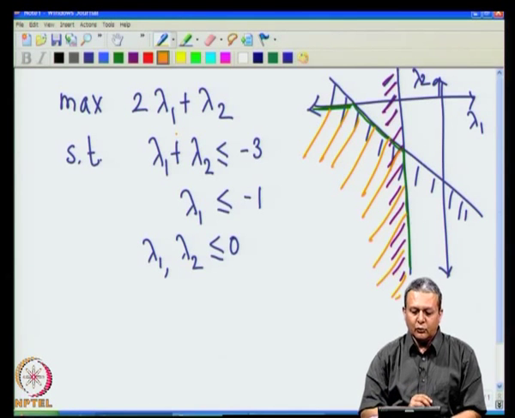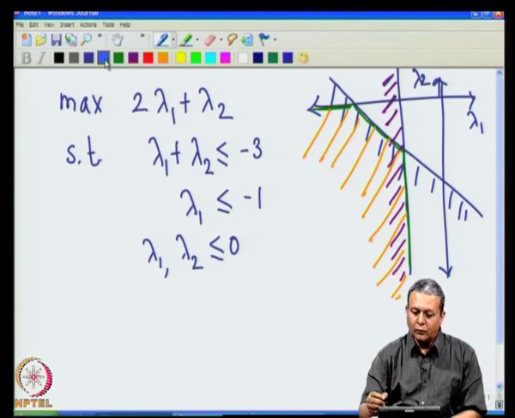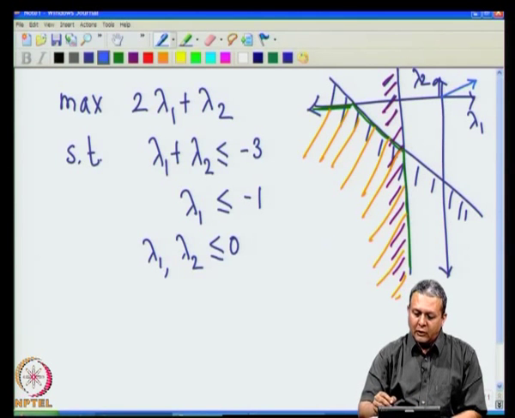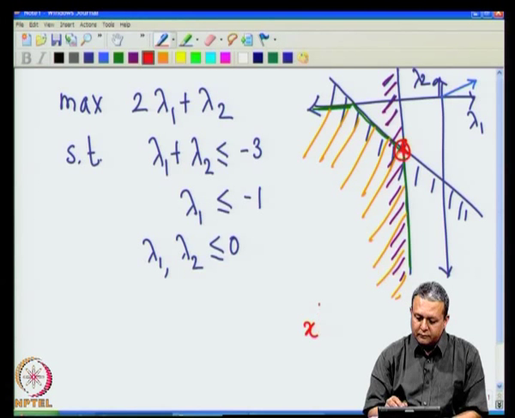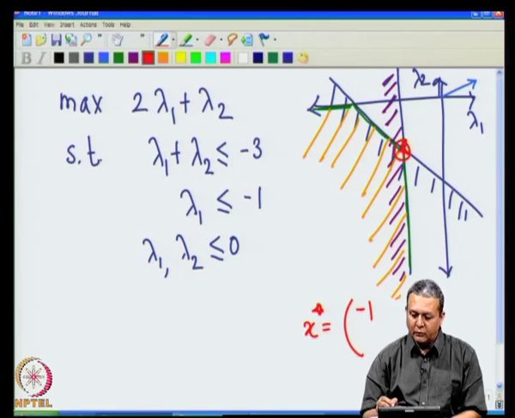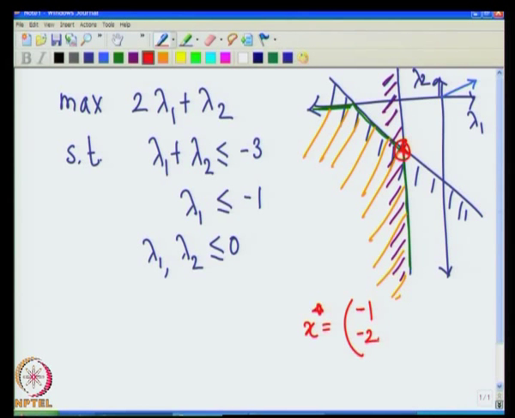Now, we want to maximize 2 lambda 1 plus lambda 2. So, if we take the vector 2 lambda 1 plus lambda 2, it will be in this direction and the maximum will occur at this point. So, lambda star at this point will be minus 1 and its intersection with lambda 1 plus lambda 2 equal to minus 3, and that is minus 2.